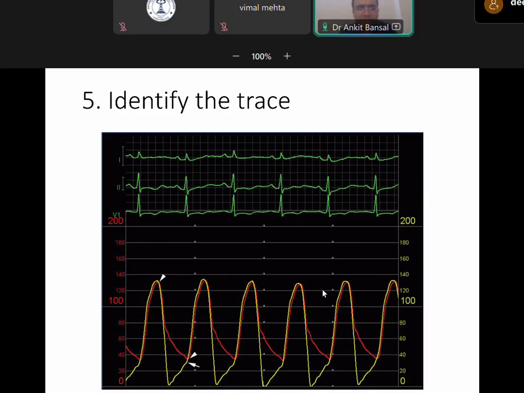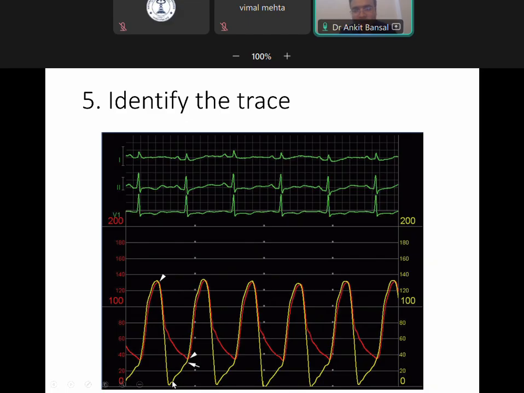Why is it that red is aorta and yellow is LV? Both are peaking between the two R waves. The aortic pressure wave in diastole is downsloping, and this is clearly upsloping.